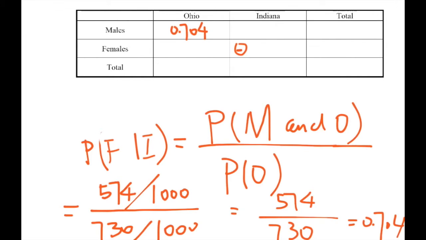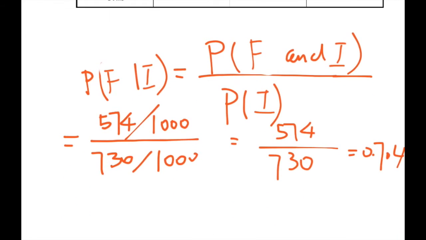So we're going to write it as P(F and I) divided by P(I). The count of female and Indiana is 56, and the probability is 56 divided by 1,000.